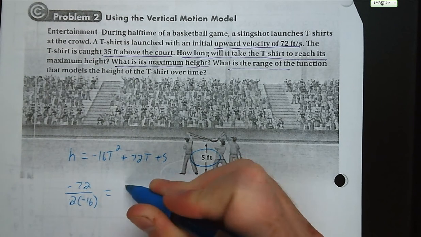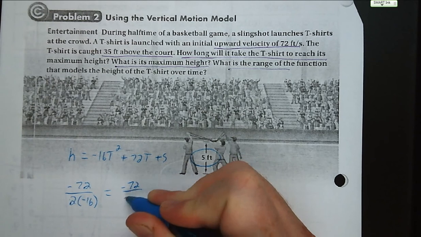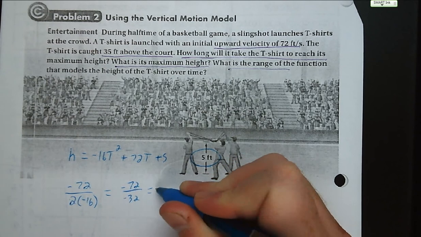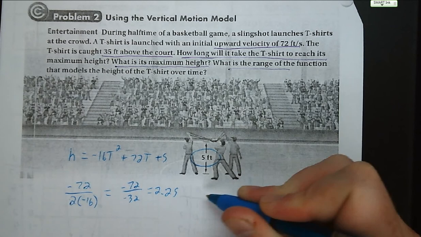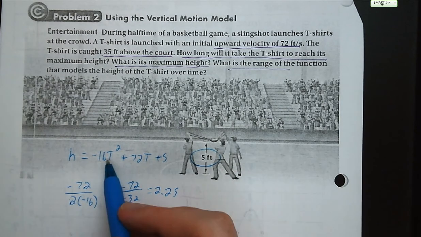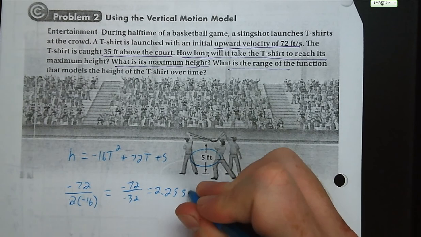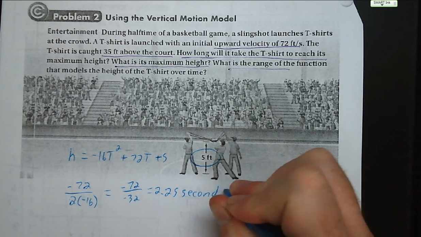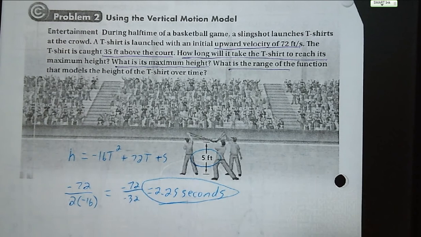So we have -72 over -32, which is equal to 2.25, and our x value is t, so that's seconds. So one part, how long will it take, we have checked off.